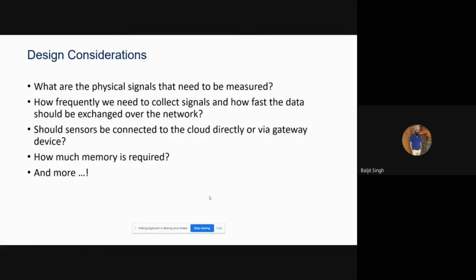This means all the sensors, there can be two ways of connecting them to the internet, to the cloud. They can directly be connected to the cloud, like each and every sensor can be made IoT capable. That means it can be given some internet connection.